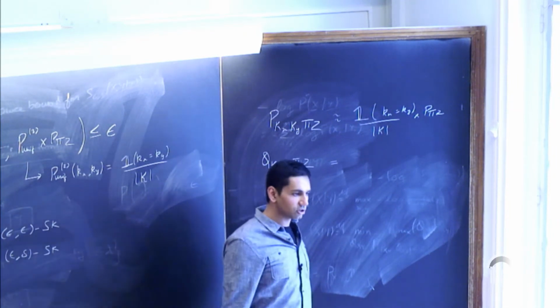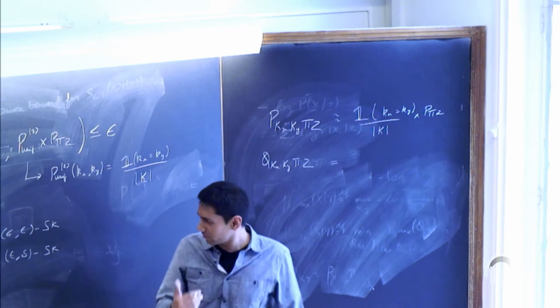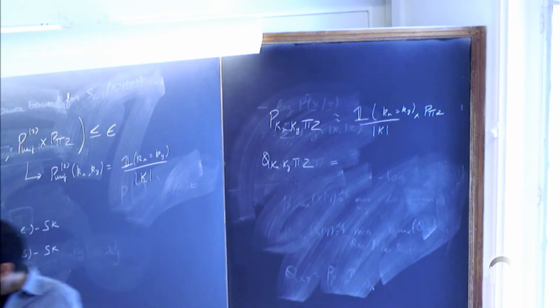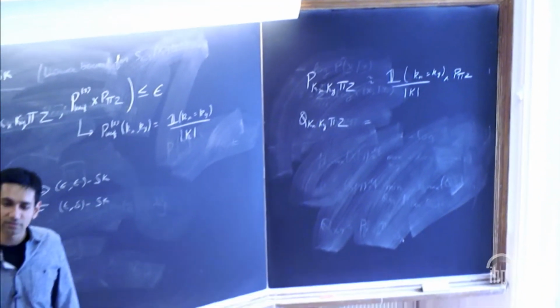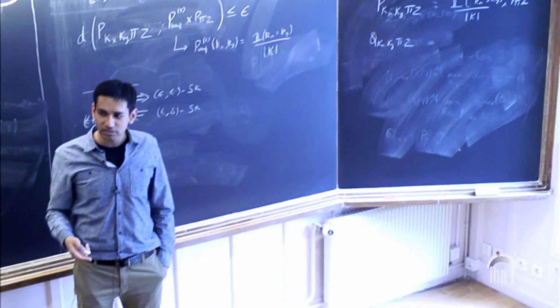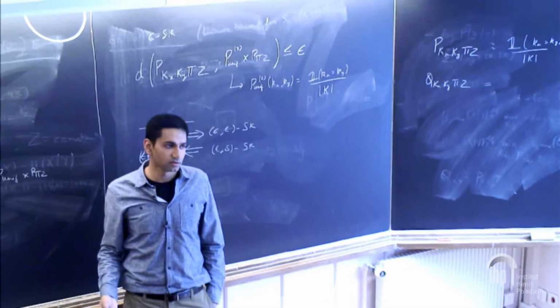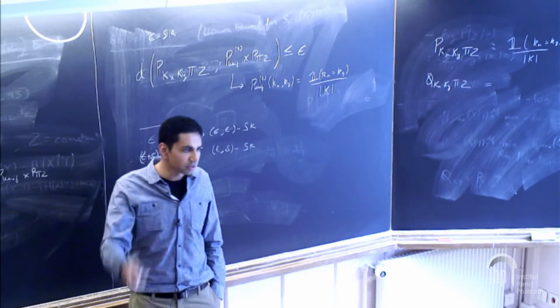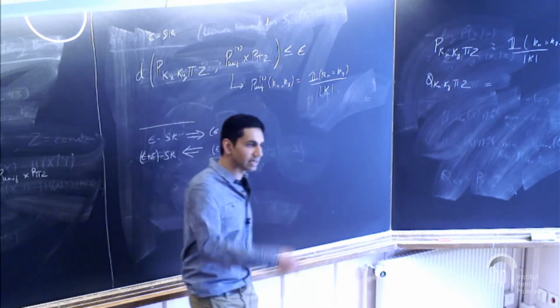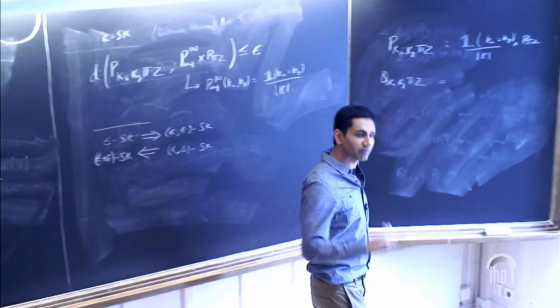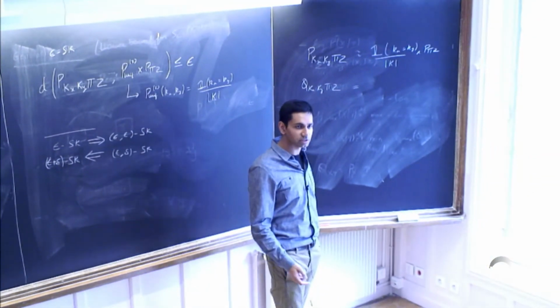Here is a nice observation which is well known and has been rediscovered several times. If you start with independent random variables and condition them on interactive communication, they remain independent. Okay? You can't build up correlation by interactive communication. So independent random variables remain independent when conditioned on interactive communication.